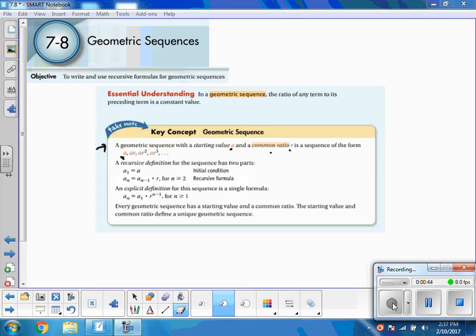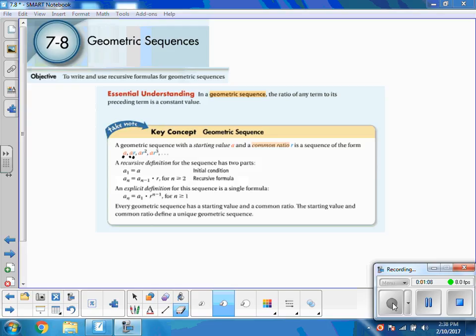So there's my starting value, and my second term is my first value times that ratio. For instance, if something is being doubled, and I start at 5, the next term in line is going to be 5 times 2.